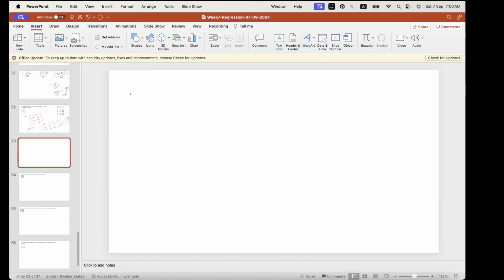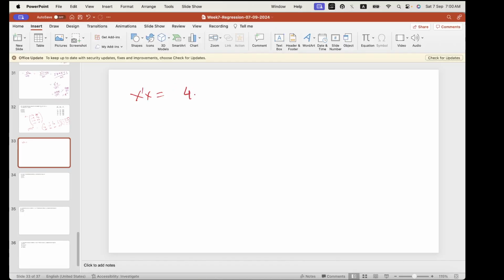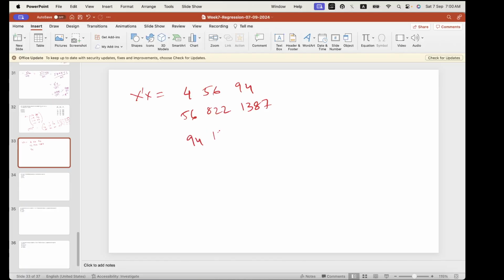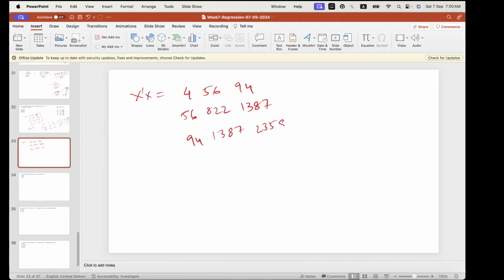So X transpose X will be 4, 56, 94, 56, 822, 1387, 94, 1387 and 2358. So this is X transpose X.